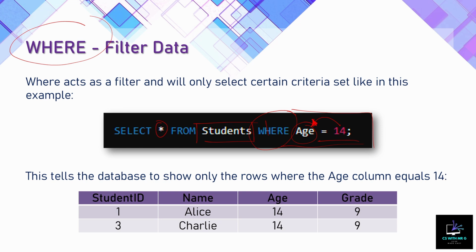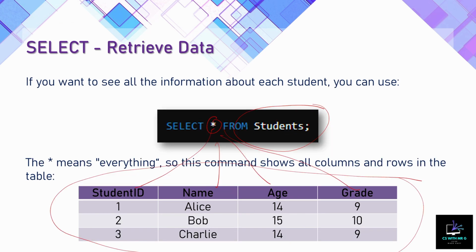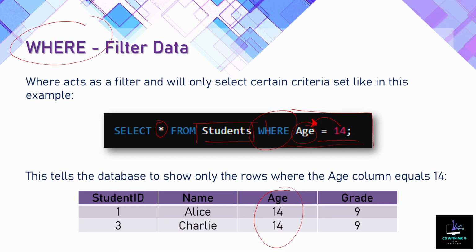And what this has done is it's filtered out the 2 students whose age matched the number that I gave it, which were Alice and Charlie, and Bob, who's 15, can't be seen in the returned results. So the where function is a filter which allows us to pick specific information and can be used in a number of different ways given scenarios that we will see when it comes to our paper 2 exam.